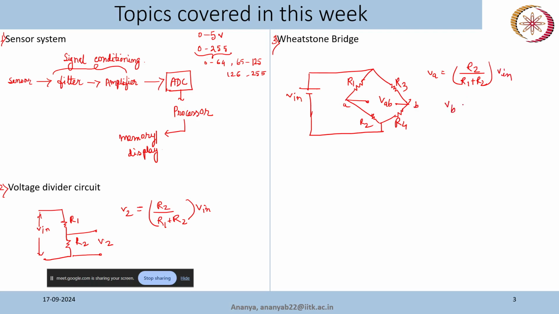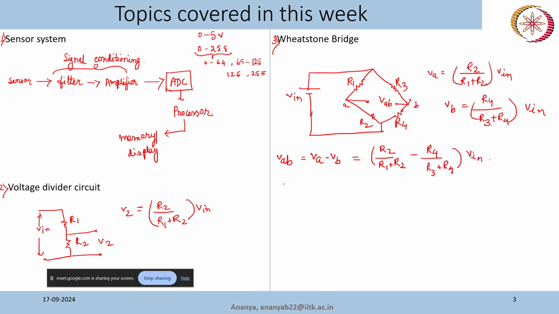Similarly, VB is equal to R4 by R3 plus R4 into V in. So VAB will be the difference, VA minus VB, which is equal to R2 by R1 plus R2 minus R4 by R3 plus R4, into V in.